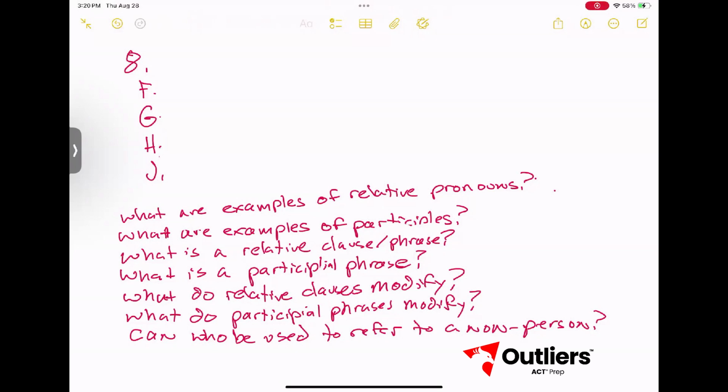So looking at this, we're just going to go through F, G, and H. F, G, and H all use relative clauses. They each start with a relative pronoun, that, which, who, and therefore all of those must be referring to centuries.